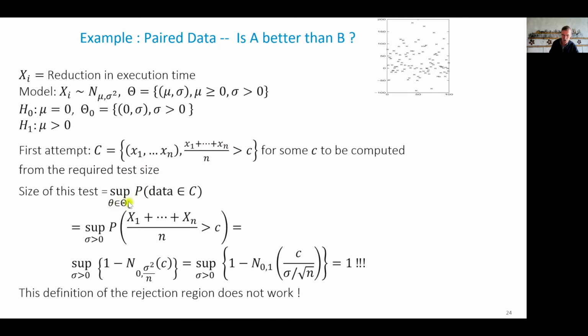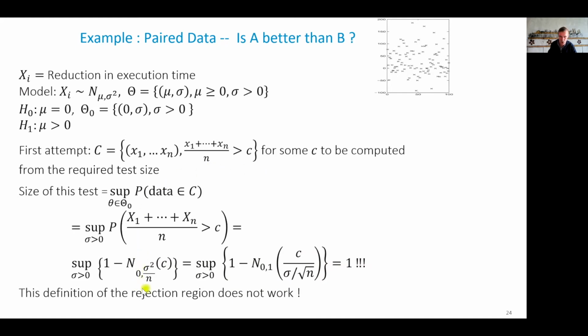And I don't know what the true value is, so I take the max of this here. If I do the computation, I see that it is given by this formula where capital N01 is the CDF of a Gaussian random variable. But we'll see that because sigma is a hidden parameter here that I don't know, depending on sigma, this value can be as large as we want, as close to 1 as we want here. So the supremum over all values of sigma here gives 1 here.